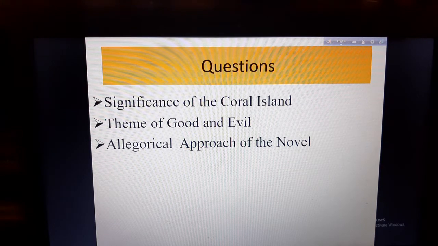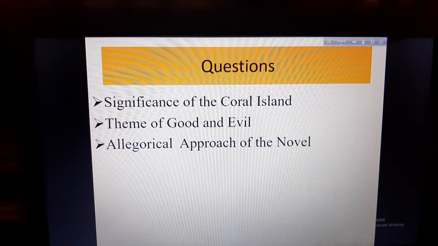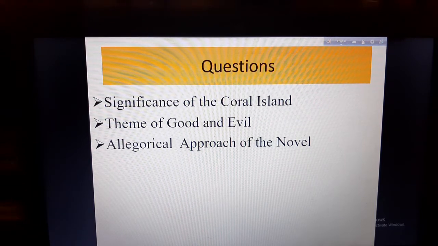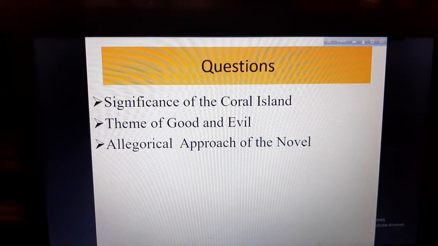In my previous class, I told you about the background, the information about the writer, and also some idea about the text. And today I will discuss the main story and focus on the characters, what roles they have played in this text.